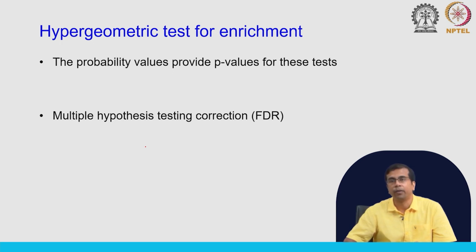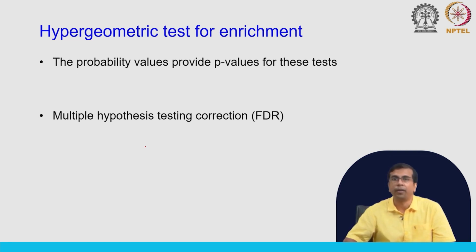have to do the multiple hypothesis testing correction, because we repeat this test for all functional classes, or gene sets. If we have, let us say, maybe 100 functional classes, we are doing this hypergeometric test for all functional classes. So, we are doing 100 tests.